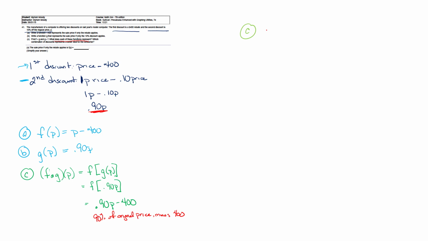The second part to see was now doing G Composite F of P, which means, by definition, G of F of P, right? I know what F of P was. That was P minus 400. And according to G, we put 90% of P minus 400.